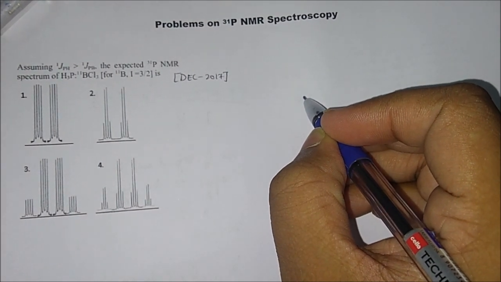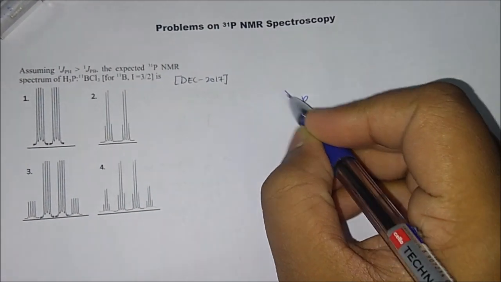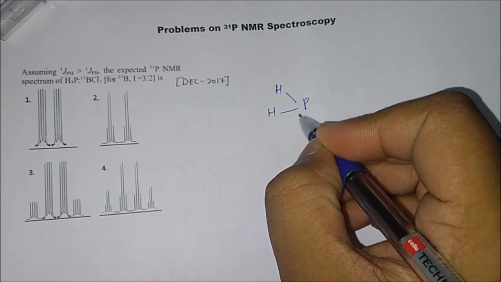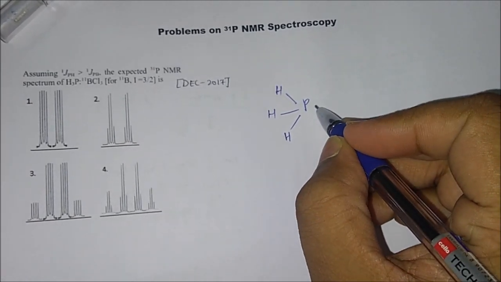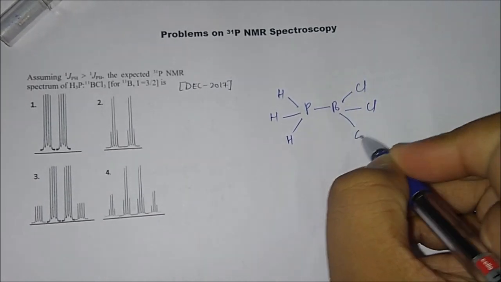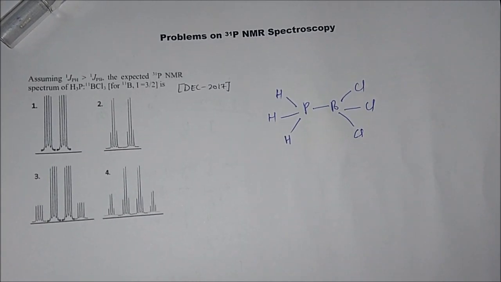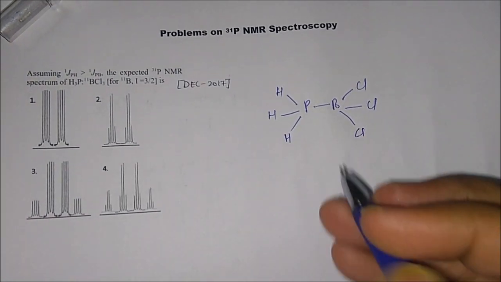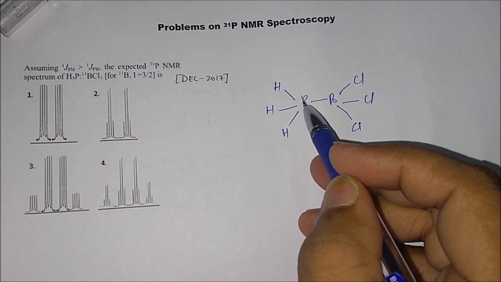The structure of the molecule is PH3. That means 3 hydrogens are attached to this phosphorus like this, and then we have boron attached, and then 3 chlorines are attached to boron. Now see what will happen to this phosphorus.